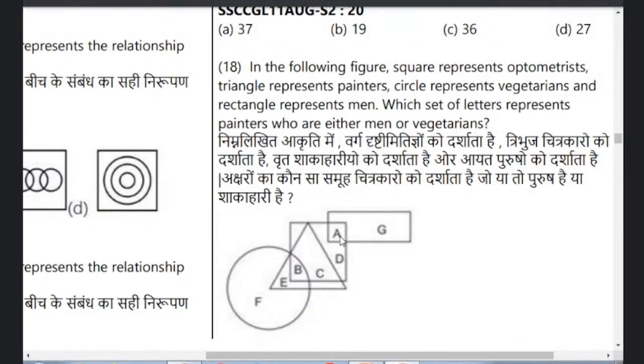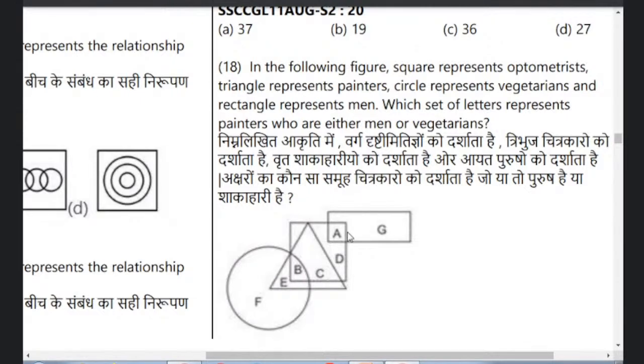Not in the square, basically. So B, E and C are all painters. But who are the men?